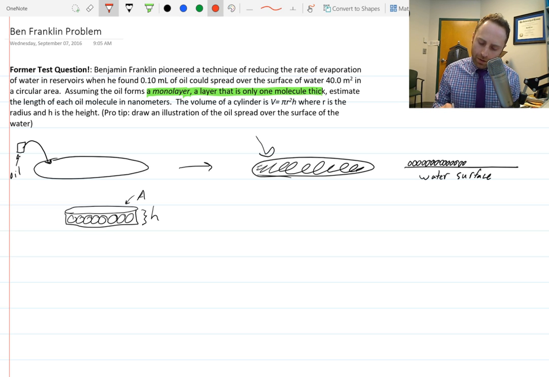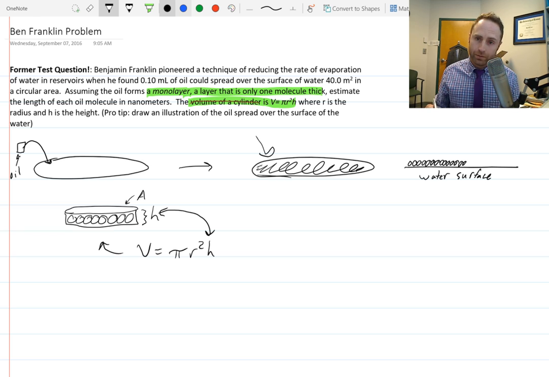Well, we're also told the volume of a cylinder is pi r squared. So we know the volume of this cylinder is going to equal pi r squared times height. Well, height's what we're looking for.